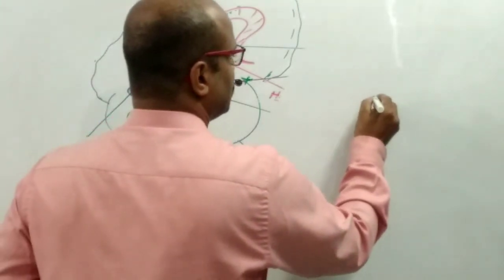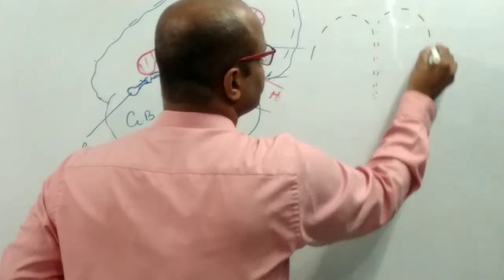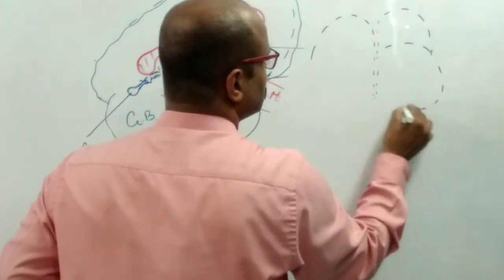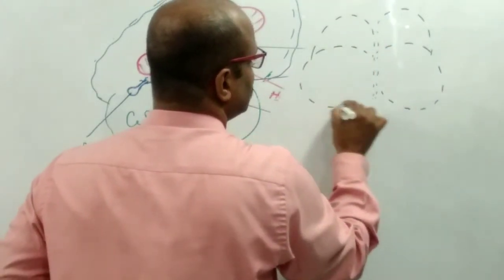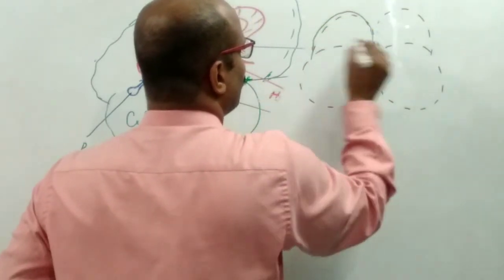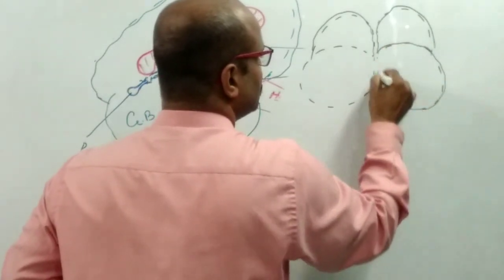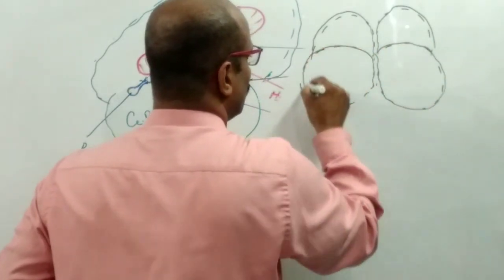Suppose that this is the cerebral hemisphere, this is the temporal lobe, this is the frontal lobe, this is the temporal lobe.